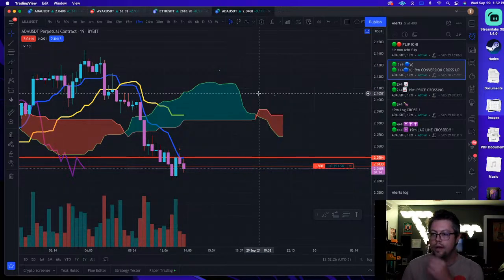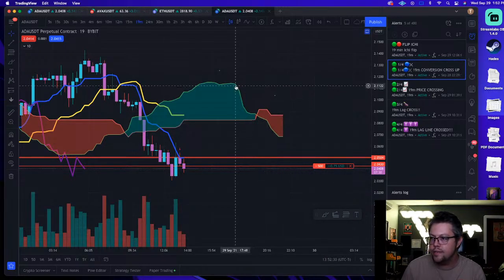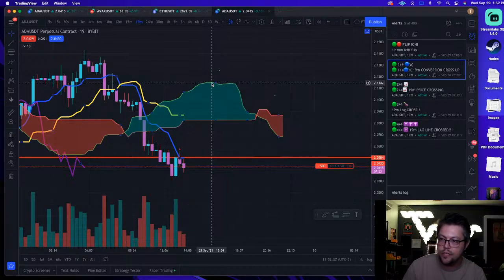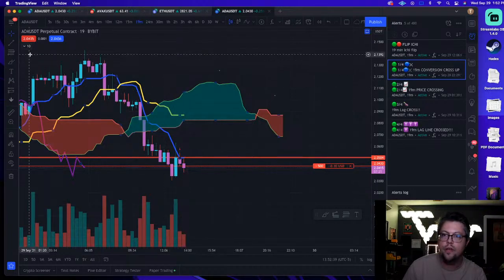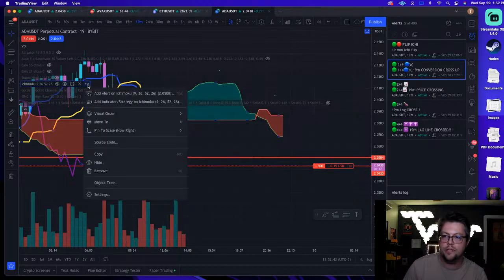So let's go ahead, and this is the Ichimoku cloud right here. You can see that I've got it selected because of these little dots around it. You can also open it up in here, but it is a mess in here for me. But you can add alert on Ichimoku.